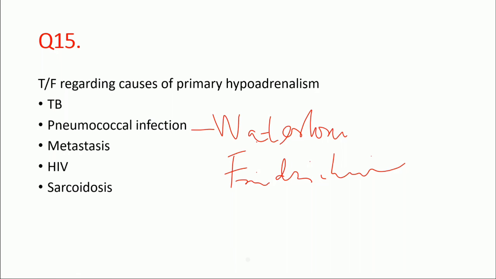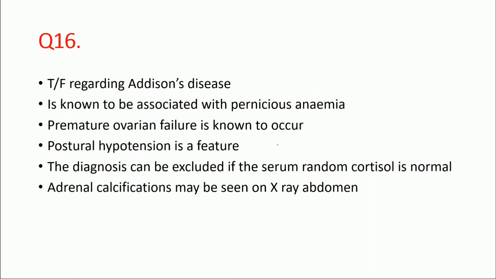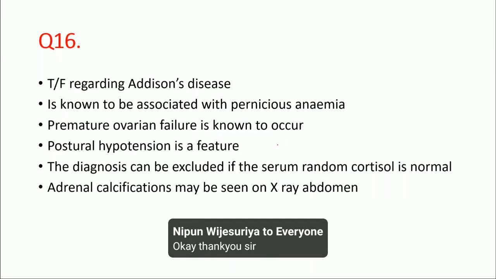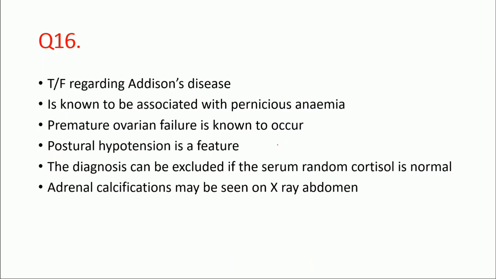Right. Okay. Now, Addison's disease is an adrenal dysfunction secondary to an immunological process, an autoimmune process involving the adrenal gland. And like all other autoimmune diseases, Addison's disease is associated with other autoimmune diseases like pernicious anemia, which is a common association.